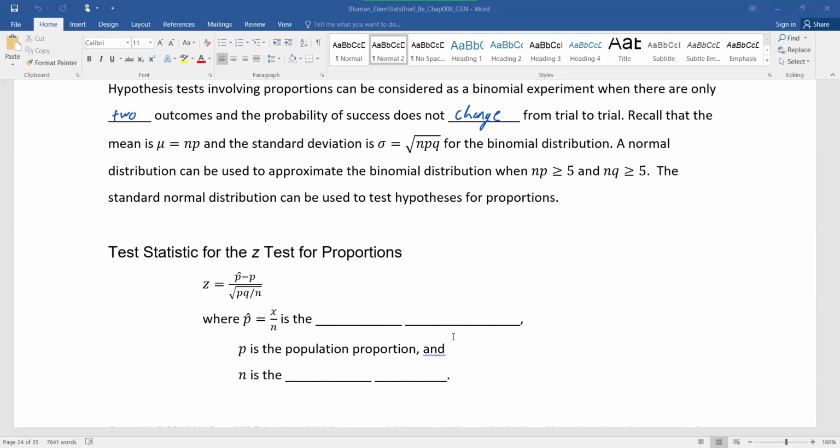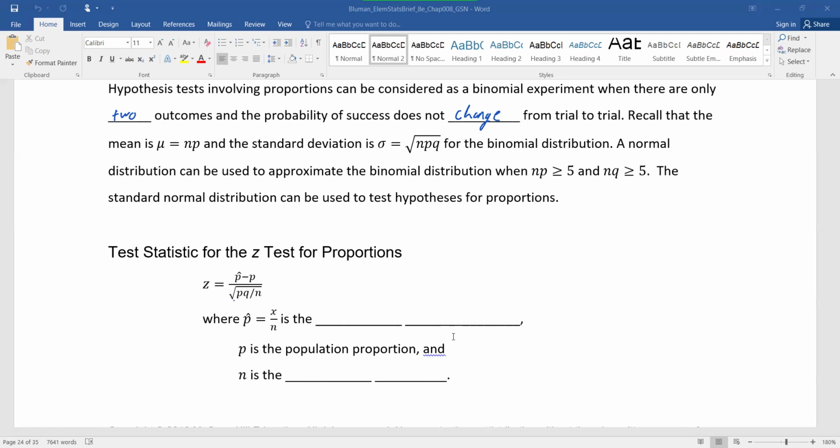So now you have 0.42 and 0.5, and then you plug that in. Again, you use the probability of success and failure from the claimed probability, not from your sample statistics. So this will be 0.5 times 0.5 in our case of heads or tails, divided by whatever your sample size is. Any questions on how that formula works?